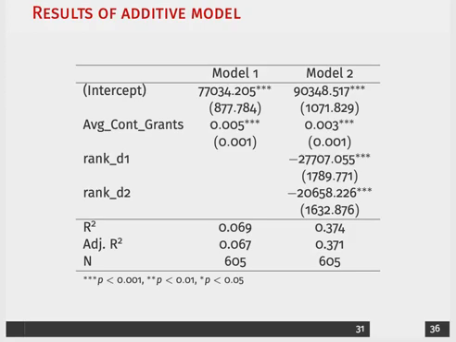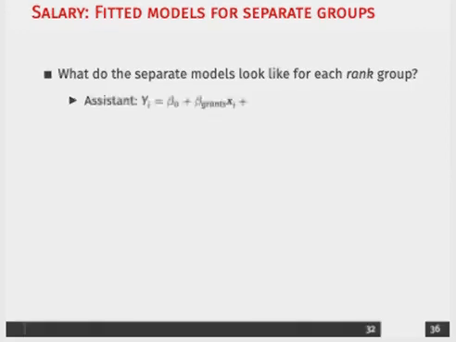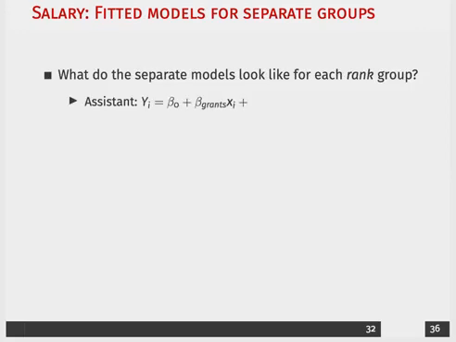We want to interpret the fitted line now for each of the different ranks and run some hypothesis tests with regard to whether or not the effect is different for rank holding grants constant. So what do we need to do to separate the models in order for us to have a fitted line for each level of rank for associate, assistant, and full? So we'll start with assistant, and that's, again, including our intercept as well as grants and our first dummy, right?